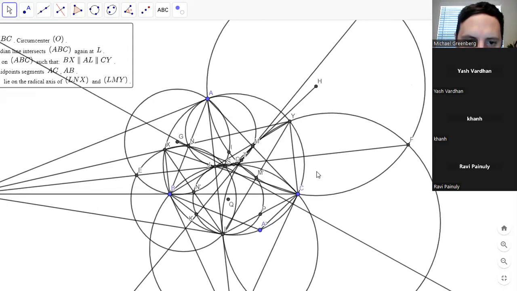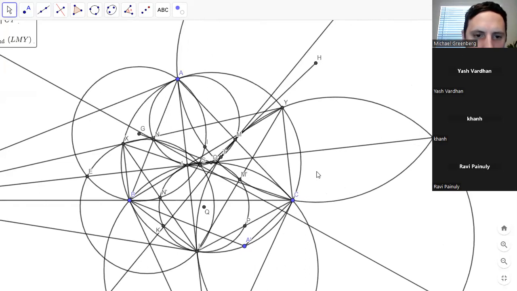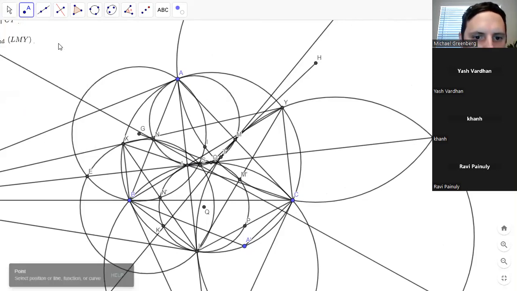I don't know if I did this right. So you have L and X, L and Y. And then we drew this circle.